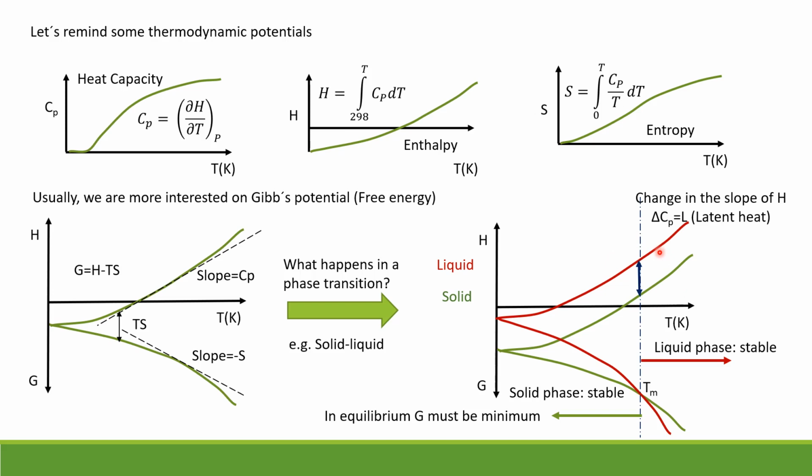Then let's go for the Gibbs function. In equilibrium, you know that the Gibbs energy must be a minimum. At high temperature, liquid is below solid, so the liquid phase is stable. At low temperature, solid is below liquid, so the solid phase is stable.